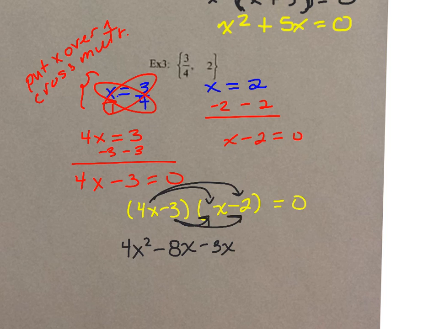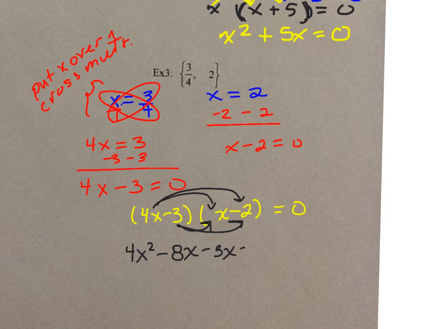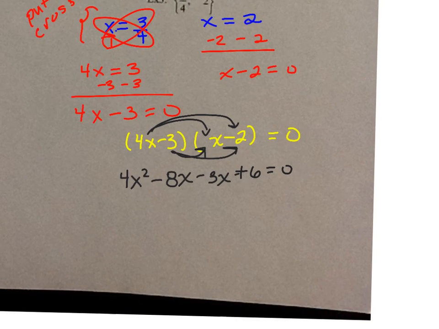Negative 3 times negative 2 is positive 6. Still equals 0. Now just combine like terms. So my like terms are right here in the middle. So I have 4x squared, negative 8x minus 3x is negative 11x, plus 6 equals 0.